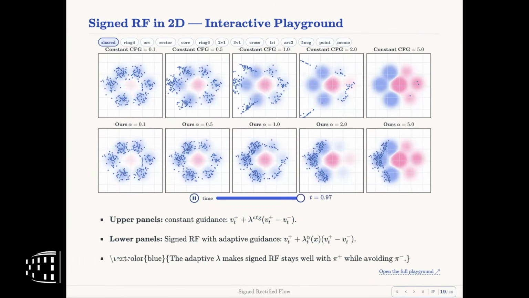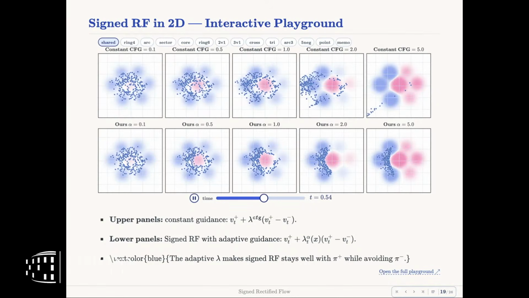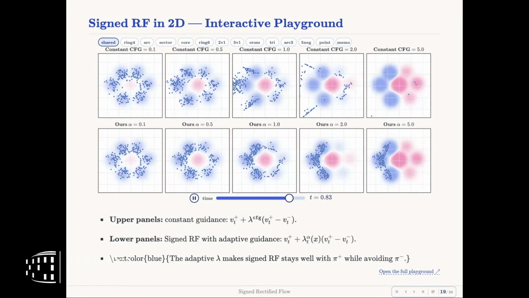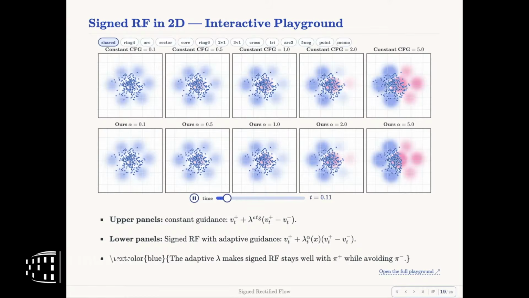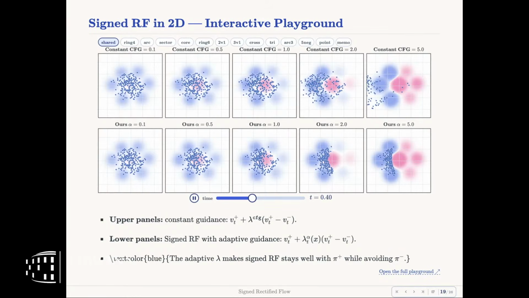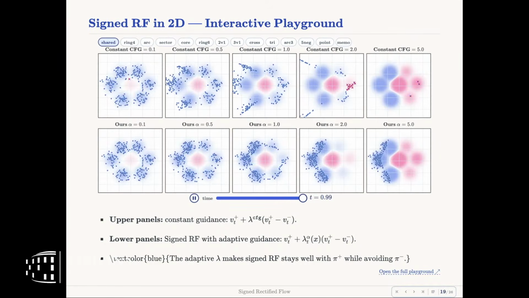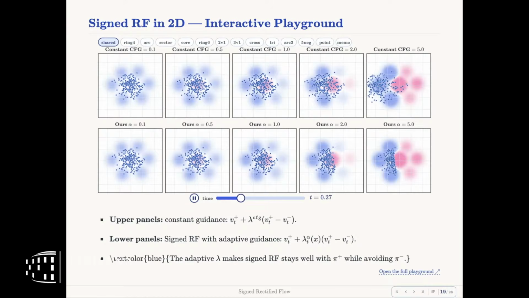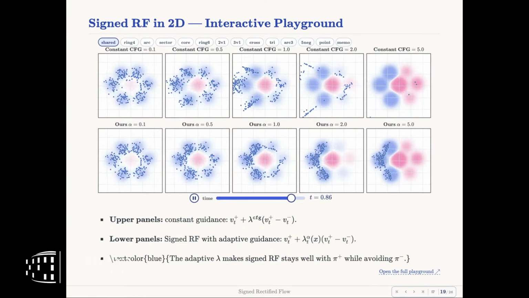So this is a comparison with CFG. This row is CFG with constant lambda, right? And this is the signed measure with the adaptive lambda. You can see that if you use a constant lambda and the magnitude is really large, you basically get off the region because nothing is correct now, right?